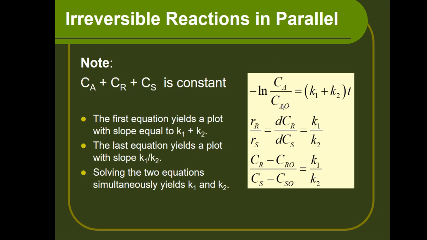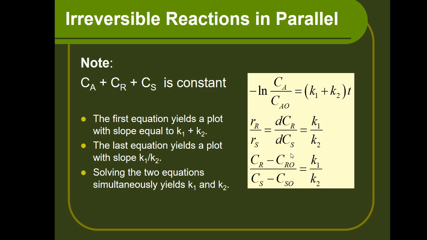So from the differential equations that were presented to you in the previous slide, these will be the formulas that you may use. So you have this from the first equation, and you have this from here, a ratio of the rates of the two products will give you this one. So if a particular problem is asking for the values of the two rate constants for your parallel reactions, all you have to do is solve these two equations simultaneously.